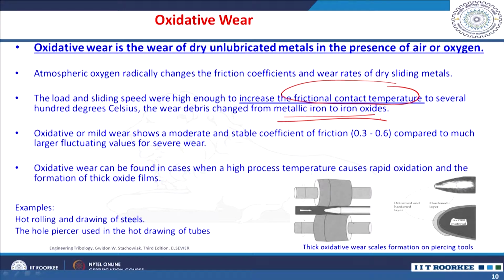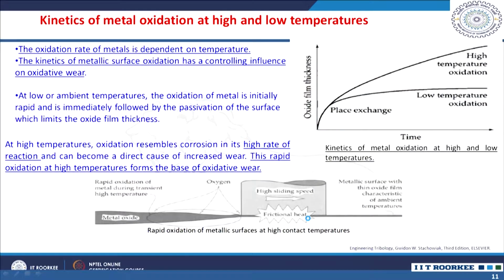Examples you can see are hot rolling and drawing of the steels, or the hole piercer used in hot drawing of the tubes. So, you can see thick oxidative wear scales forming on the piercing tools, and material removal is mainly because of the oxidative wear.